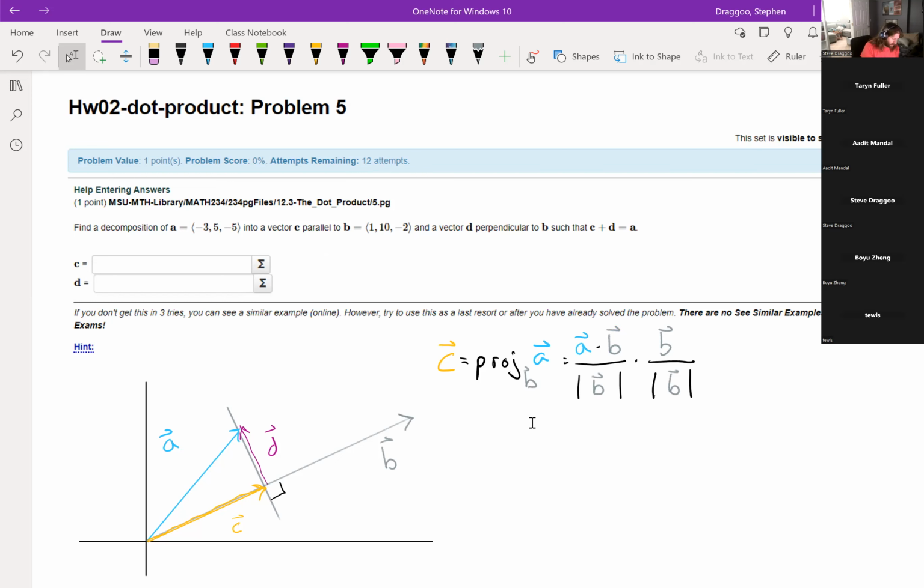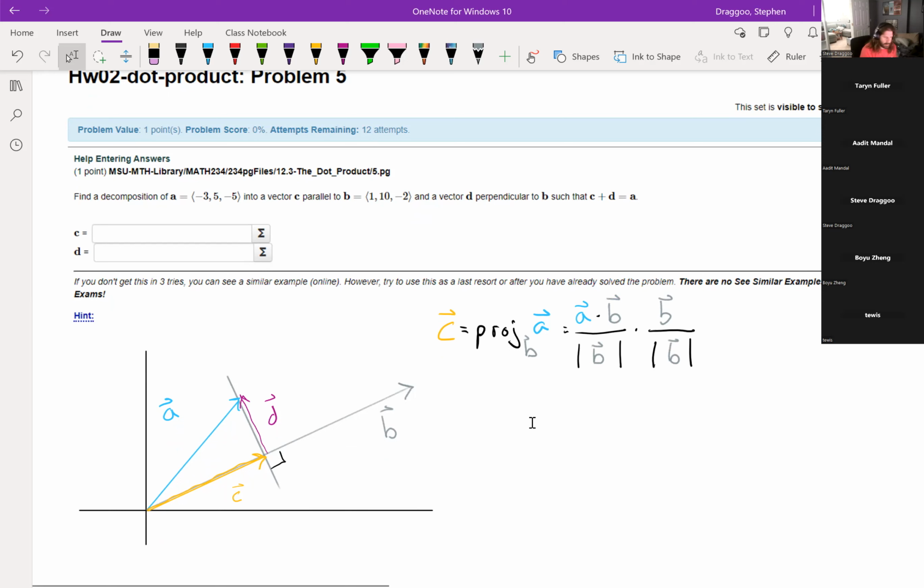So I've got a diagram that I thought would be helpful to discuss what it is we're actually trying to do. We've got the blue vector, which is A, the one we're looking to find a decomposition of. I want to break it down into its pieces that run parallel to some other vector, which is B, the one in gray.